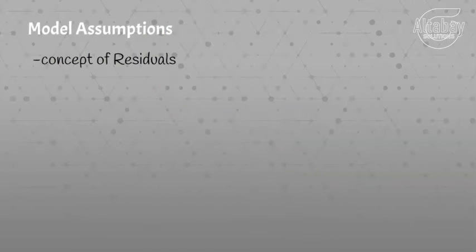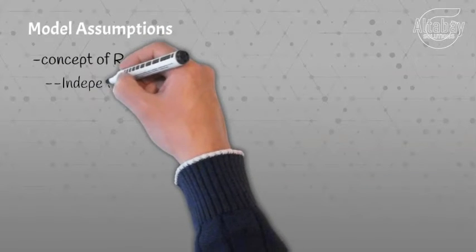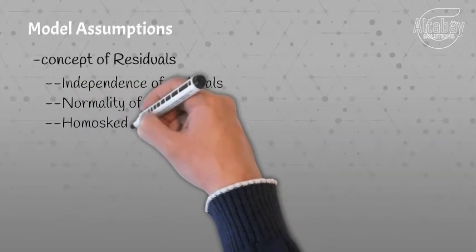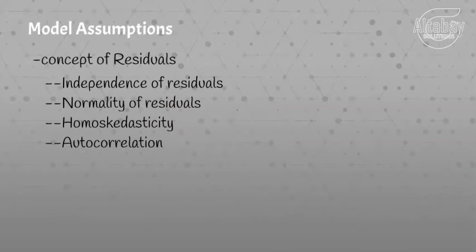Lastly, we have the model assumptions. Since regression is a complicated procedure, it has a strict set of assumptions that need to be satisfied to be considered valid. Although we'll not go through them in detail, we'll just list them here for awareness. First, you need to familiarize yourself with the concept of residuals. Then, there comes the assumption of independence of residuals, normality of residuals, homoscedasticity, and autocorrelation.